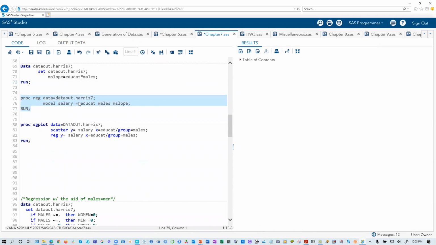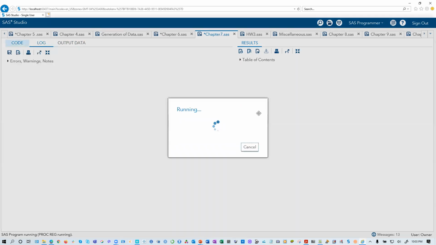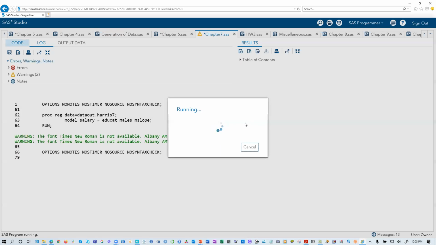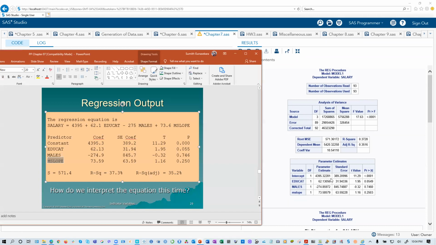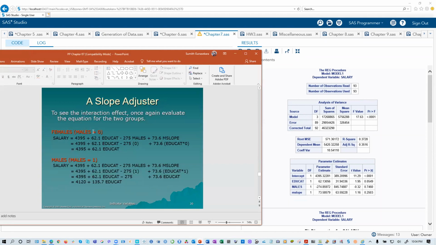Now you have a model: salary equals B0, B1, B2, B3. Would that be the same as what we see here? It's 43, 95, 62, 74, 73. Based on that one, we wrote the equation, based on B0, B1, B2, B3.